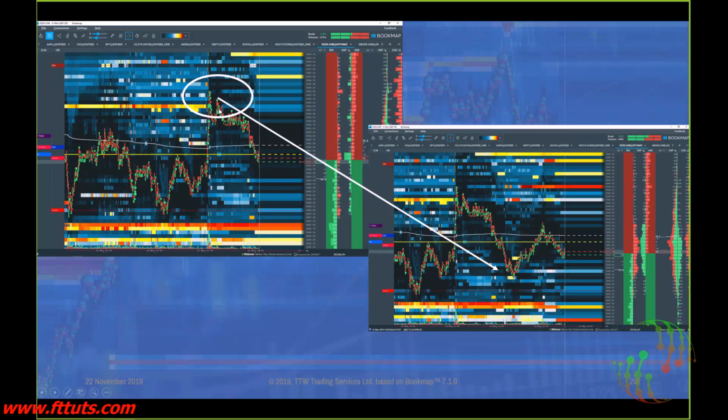Then it developed from 94 to, let me see, 89. They have left imbalanced auctions, or low volume nodes, or gaps, or holes, however you want to say that. I prefer low volume nodes or gaps.